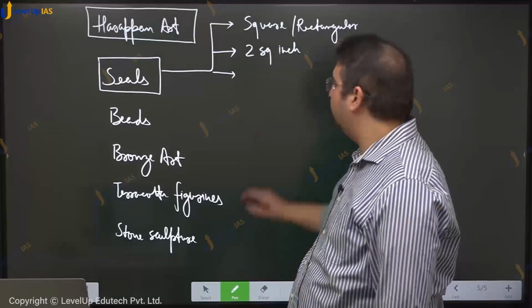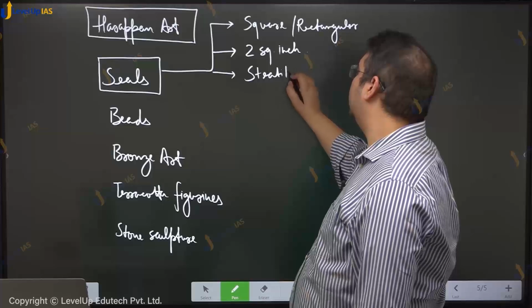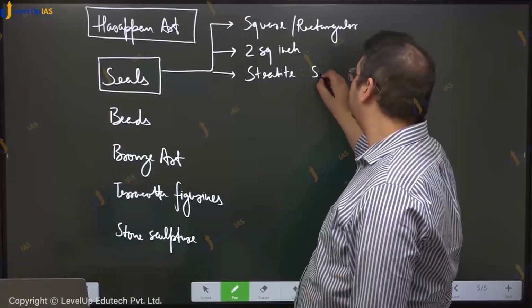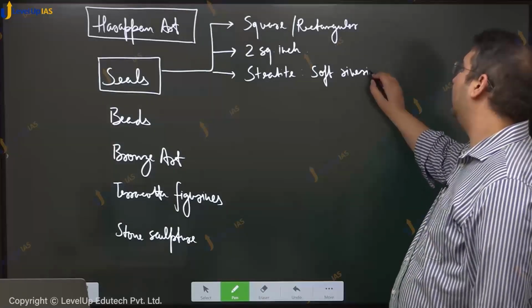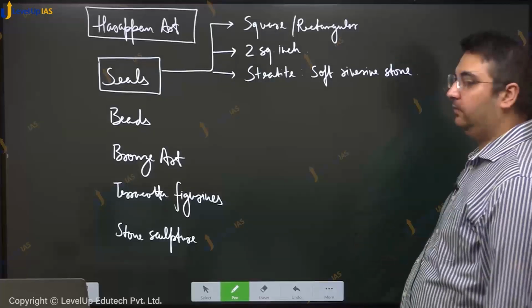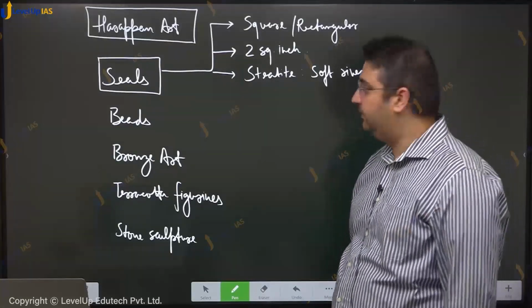made out of steatite. What is this? It is a soft riverine stone, which was usually excavated from the river beds.